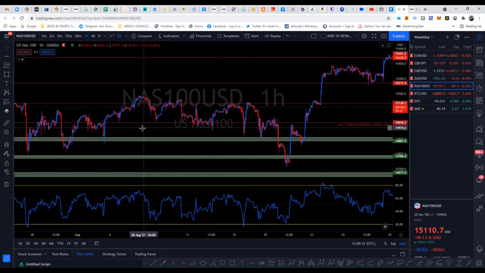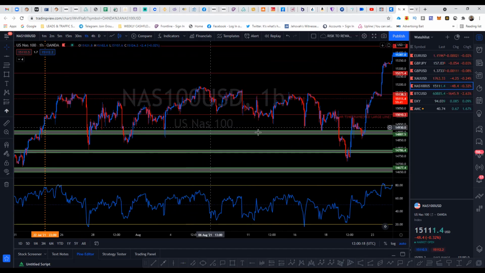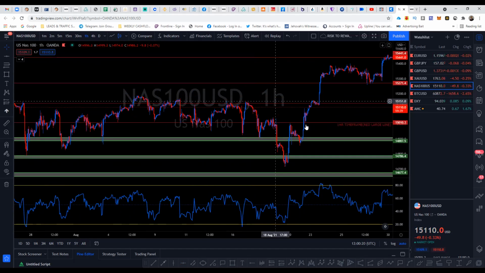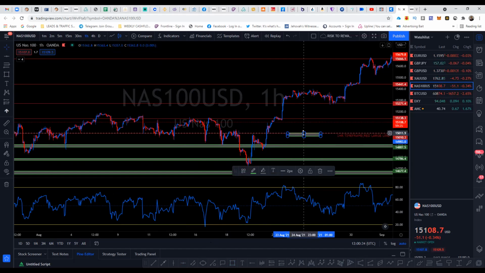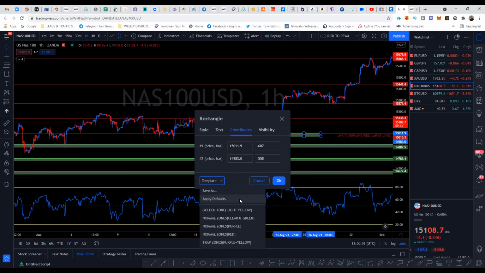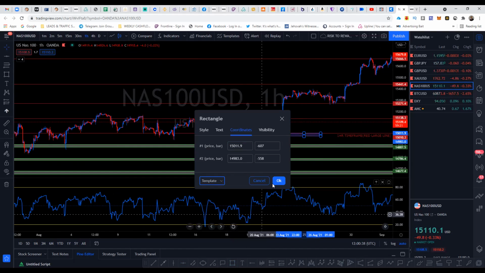what we're going to do is, since we started here, we're going to start drawing zones for these lines. So we're going to actually start here since this is where I started. So now with the zones, I'm going to change it to purple.